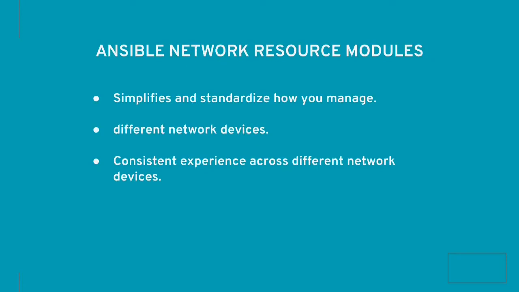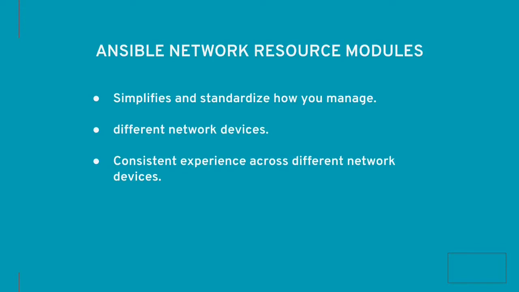Okay, so Ansible network resource modules. This one is really important. It simplifies and standardizes how you manage network devices. A network device separates configuration into sections such as interfaces, VLAN, static routes, and these are applied to a network service.